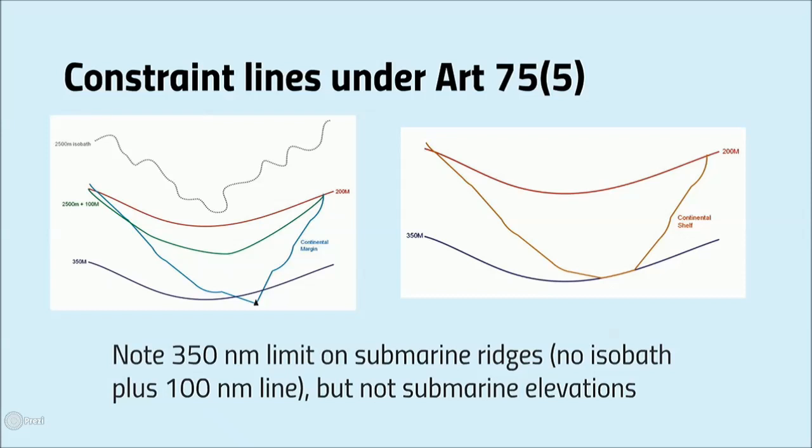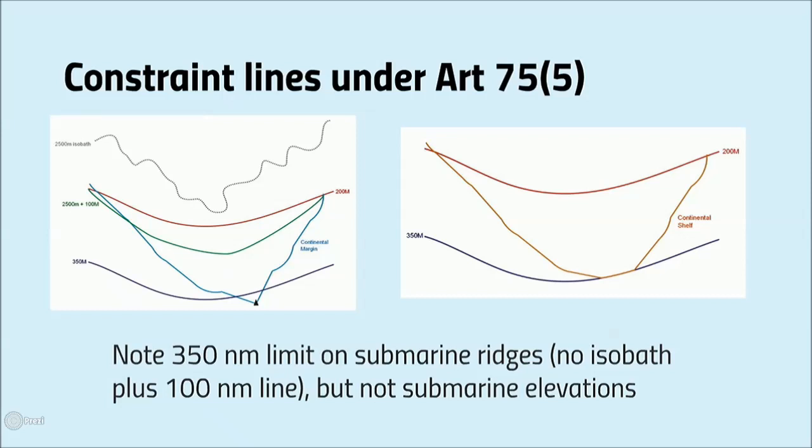So that's a line in the sea joining points of 2.5 kilometres depth, or 350 nautical miles from baselines. So what I've attempted to do is illustrate this sort of on the left. You might have a continental margin that extends out as far as the line I've got in light blue.